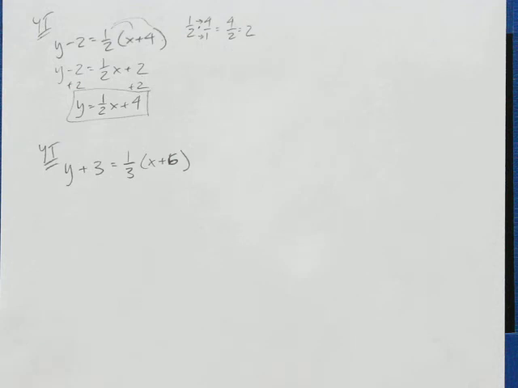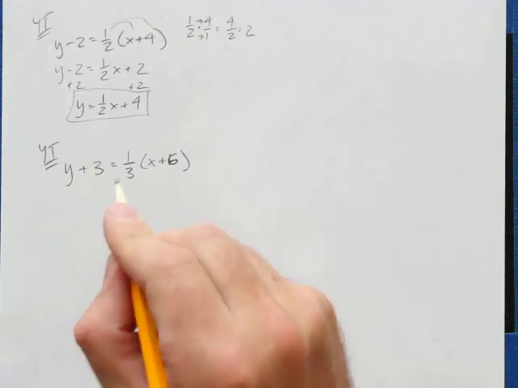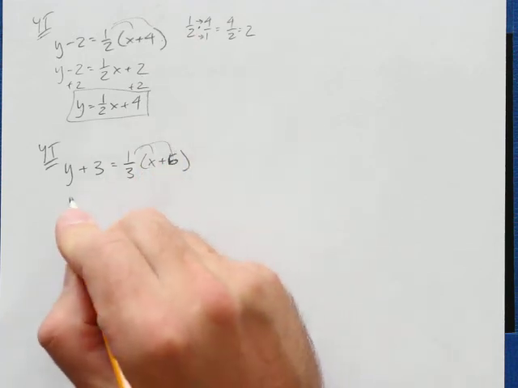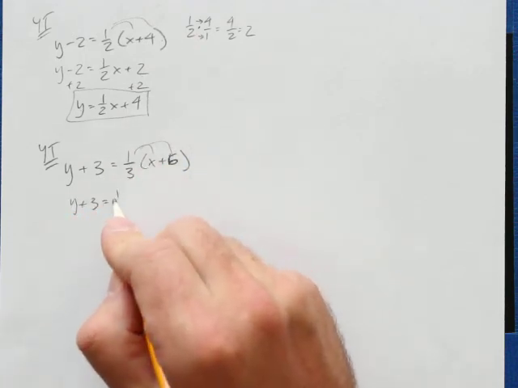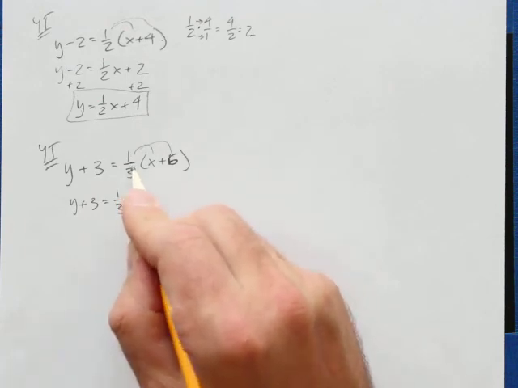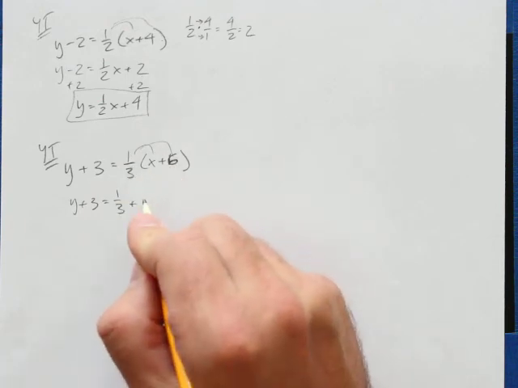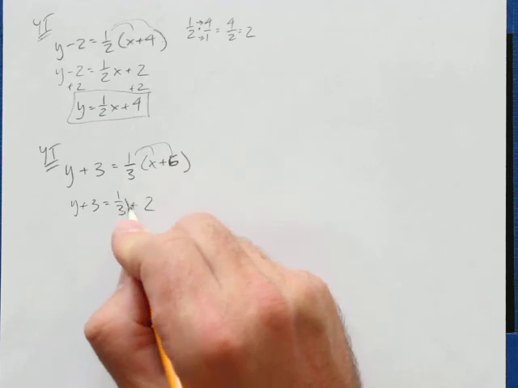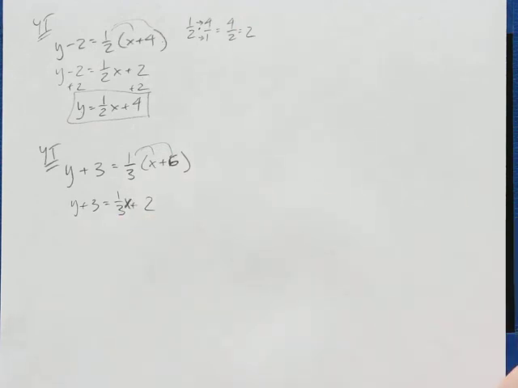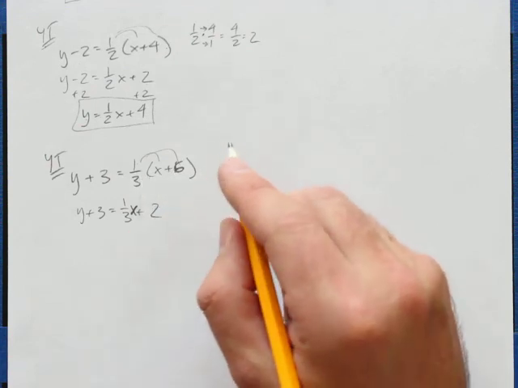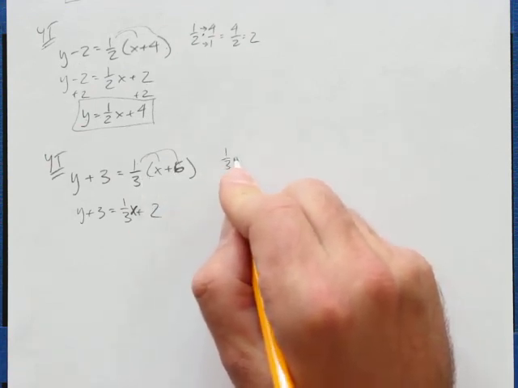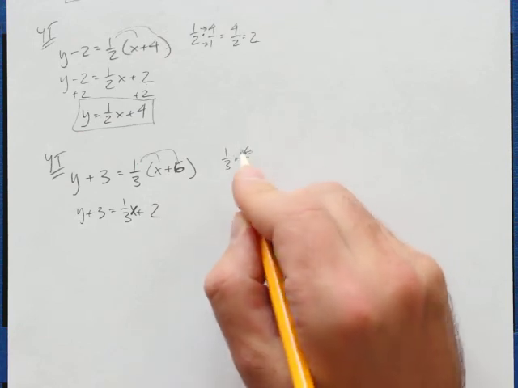Go. Okay. I'm going to distribute this 1/3 first. Y plus 3 equals 1/3 x plus 1/3 of 6 is 2. Oops, I didn't write the x down. That's important. Don't forget that x. 1/3 of x is 2. Or I can say 1/3 times 6 over 1.